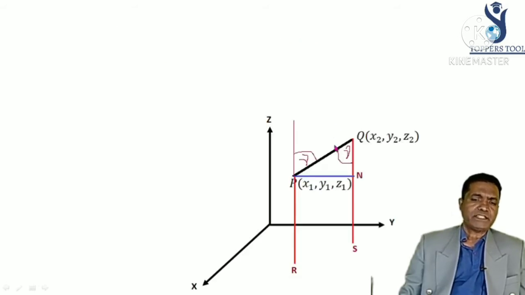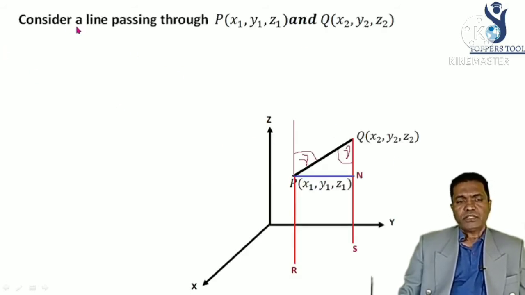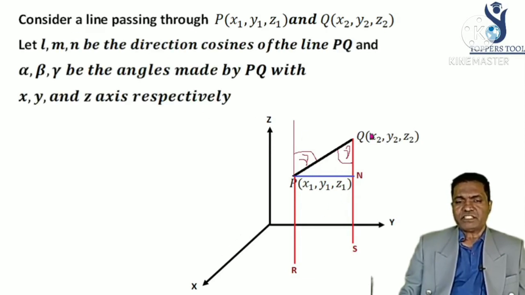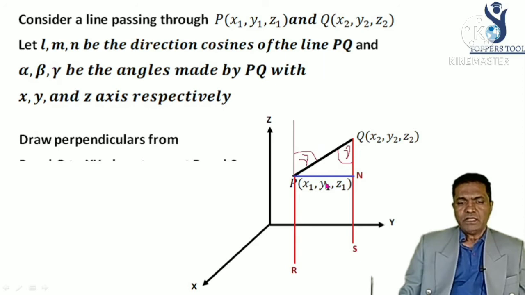Now let's see here. As I explained earlier, consider a line passing through points P and Q and assume that l, m, n are the direction cosines of this line PQ and alpha, beta, gamma are the angles made by this PQ with the X, Y, Z axes respectively. So as I said earlier, gamma is the angle between the Z axis and PQ.